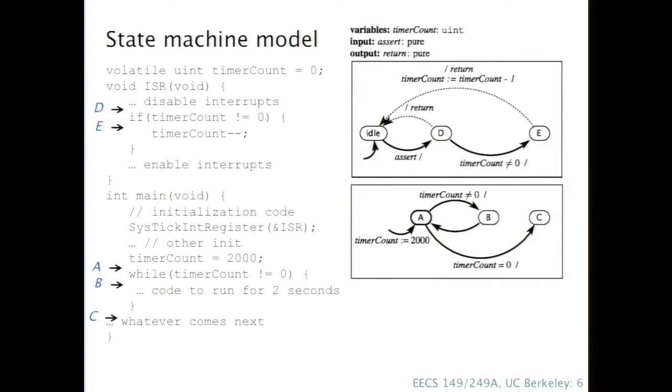For just one state machine, in fact, the C program doesn't say either. The C program says nothing about when you go from the end of this while loop to do the test again. It's a perfectly valid execution of this C program to enter this block of code and then put my machine in suspended animation, go out to lunch, come back, start the clock up again and go back to while.